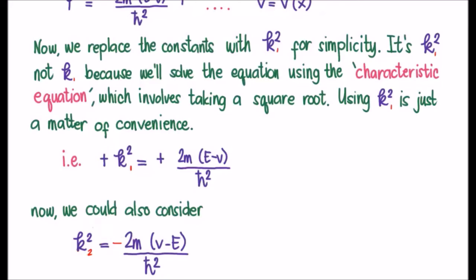And to be honest, this is very important because by defining the constants in this way is going to give us different looking solutions to the time-independent Schrodinger equation. And that's very important because sometimes different looking solutions or different ways of expressing the solutions allow us to look at the science or the physics in a simpler manner.